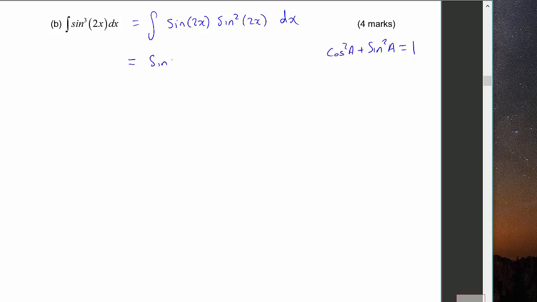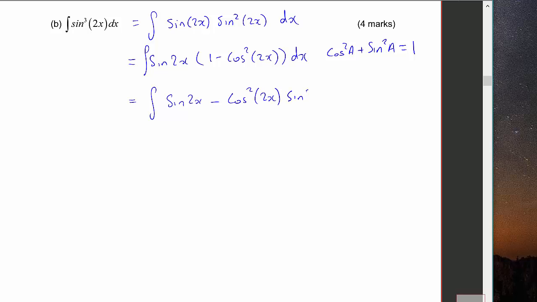So we've got sine 2x and we've got 1 minus cos squared 2x. So expanding that out, we've got sine 2x, take away cos squared 2x, sine 2x dx.